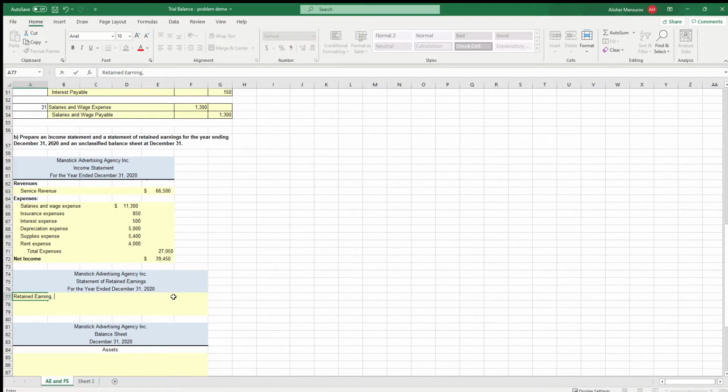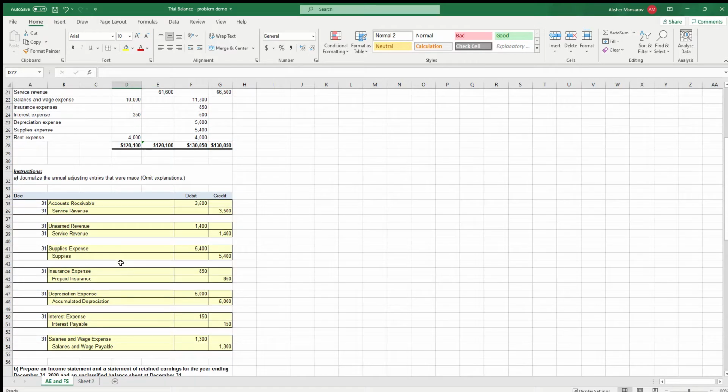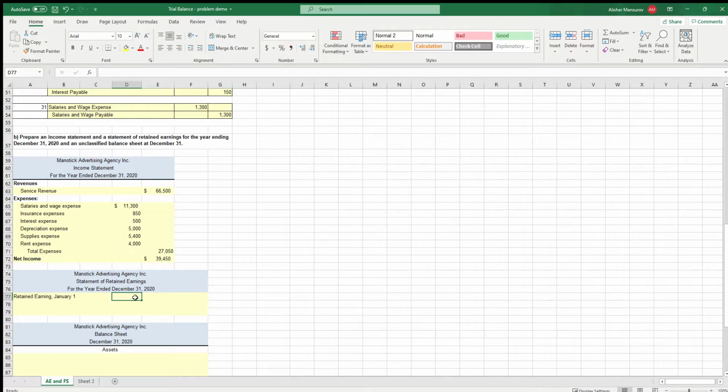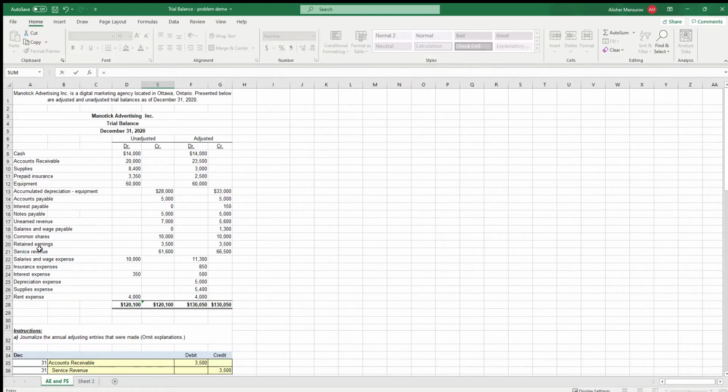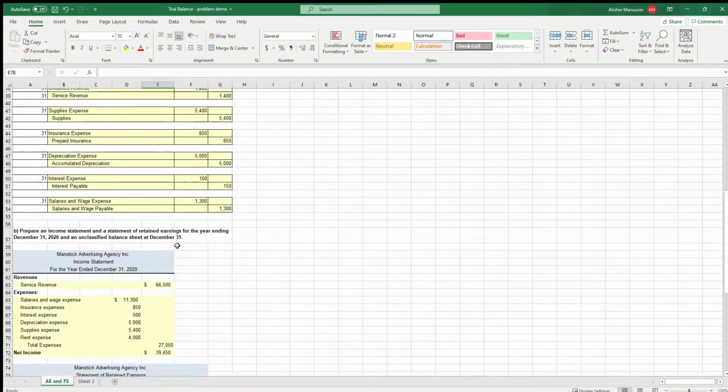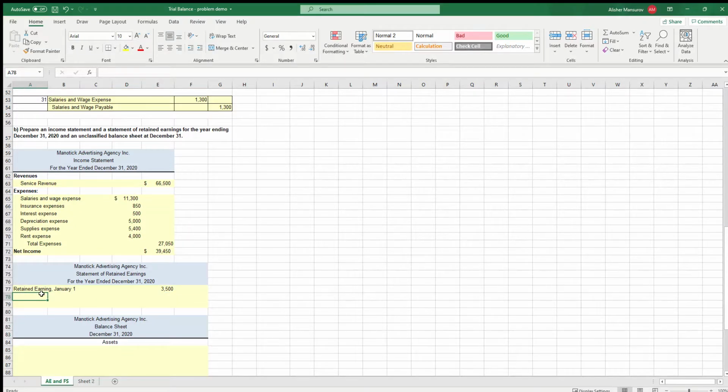Retained earnings, let's put here January 1st, and the balance on January 1st was 3,500, and since the statement of retained earnings shows total retained earnings since the inception of the company, this is the balance that we started at the beginning of the year, which shows overall accumulated retained earnings for the company.